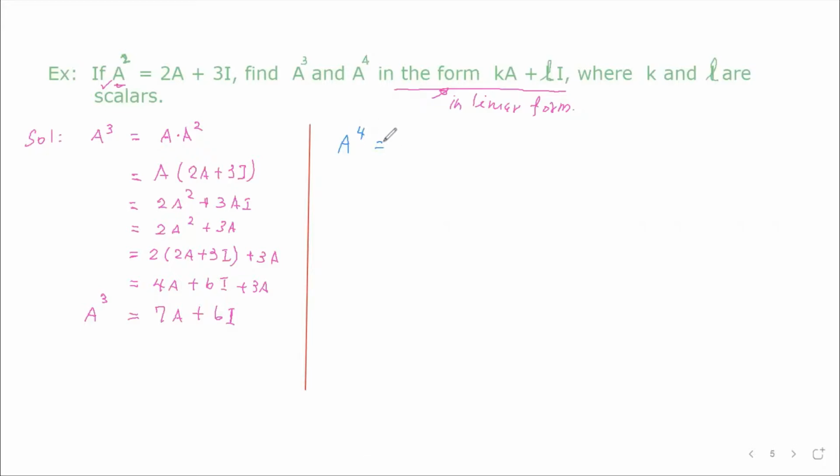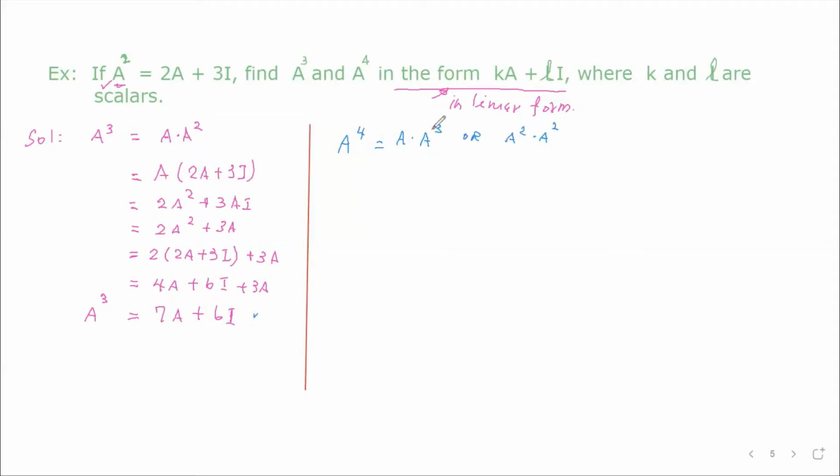We can write it down, expanding it to become A times A cube, because we know the answer for A cube here. Or either way, you can use A square times A square, correct? Because we have A square here, A power 2. So you can use either one.